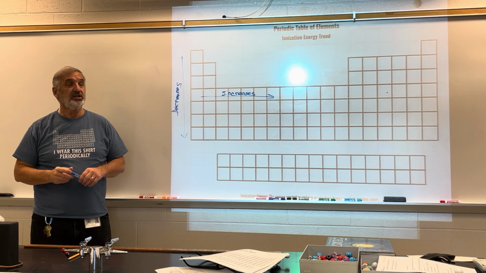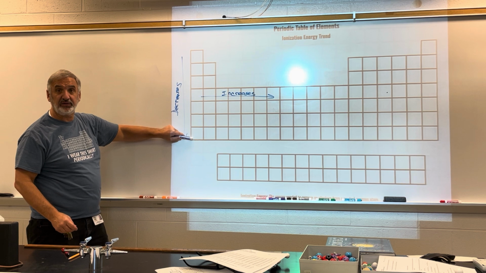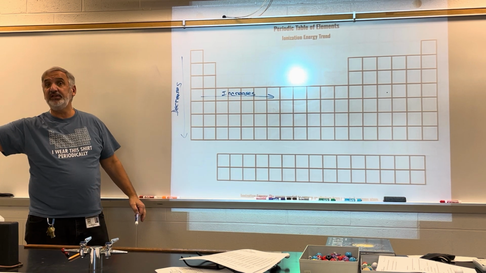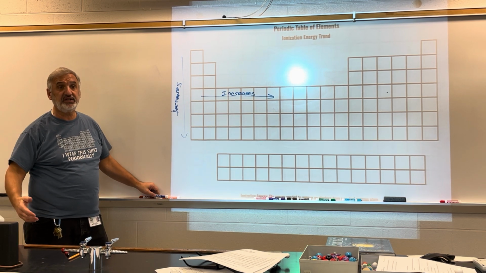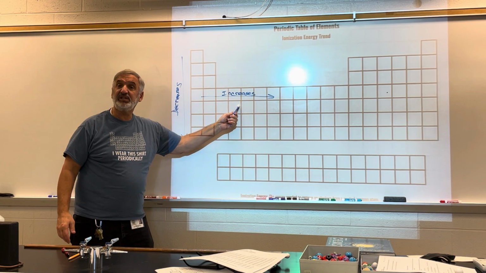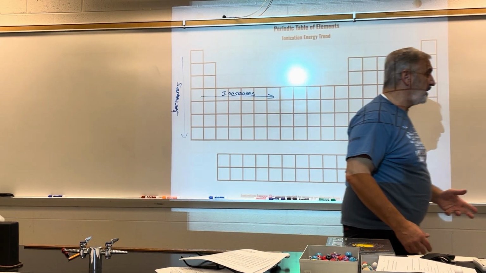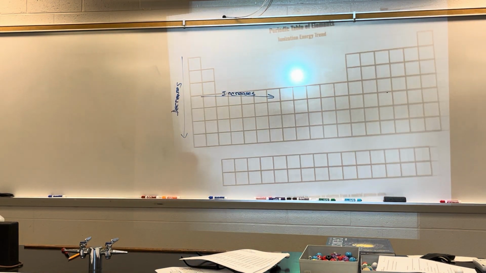As the atoms get bigger going down, it's easier to remove the electrons, so the ionization energy decreases. As you go left to right, the atoms get smaller, and the electrons are more tightly held. Now we want to look at one other trend.